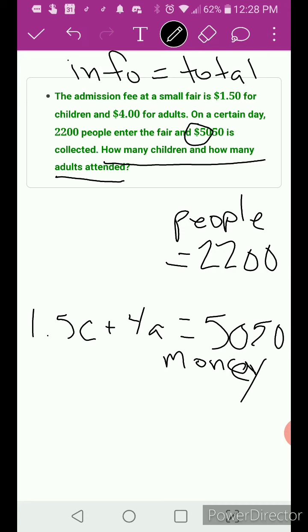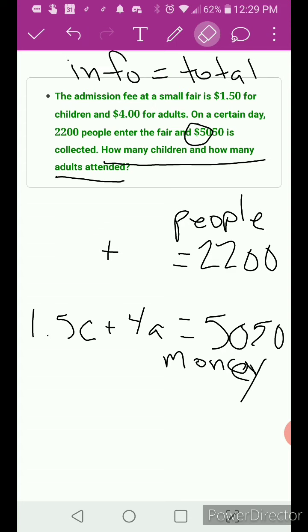Yes, they are. Do we know how many specifically of each there were? No, we don't. But we do know that in total, there was 2,200 of them. So that must mean my A plus my C must equal 2,200.